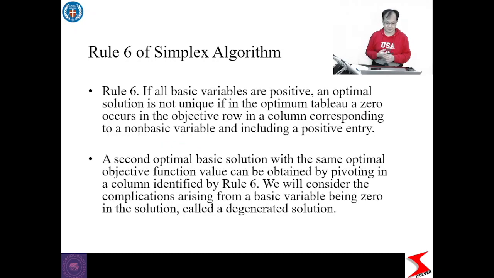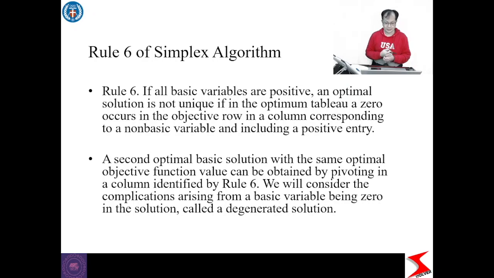And Rule 6. If all basic variables are positive, an optimal solution is not unique if in the optimum table a 0 occurs in the objective row in a column corresponding to a non-basic variable and including a positive entry.